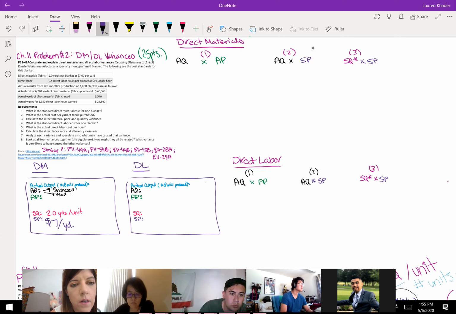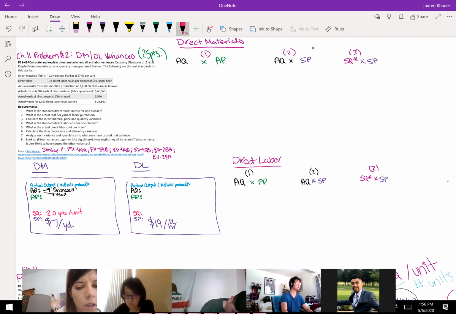What is the $19 per hour? Direct labor standard price, $19 per hour, which is obviously per direct labor hour. And 0.5 direct labor hours per blanket is the standard quantity per unit. So 0.5 direct labor hours per unit.